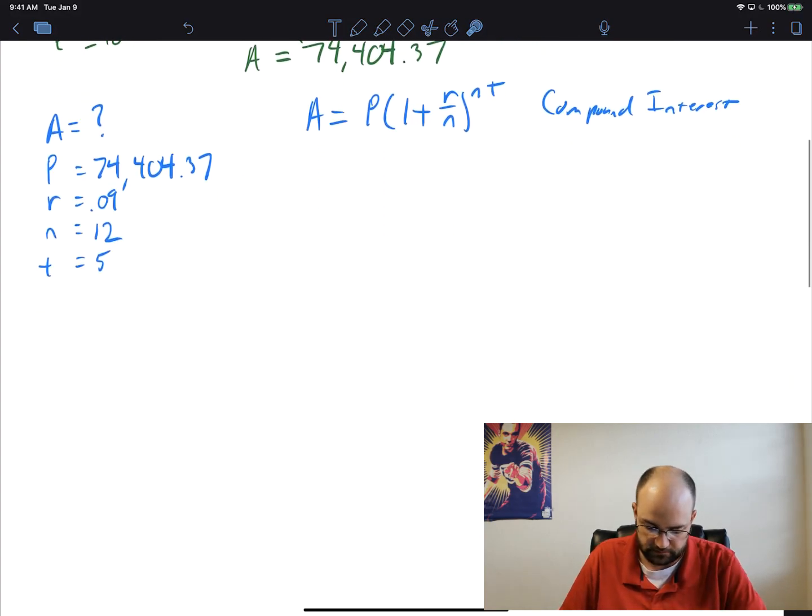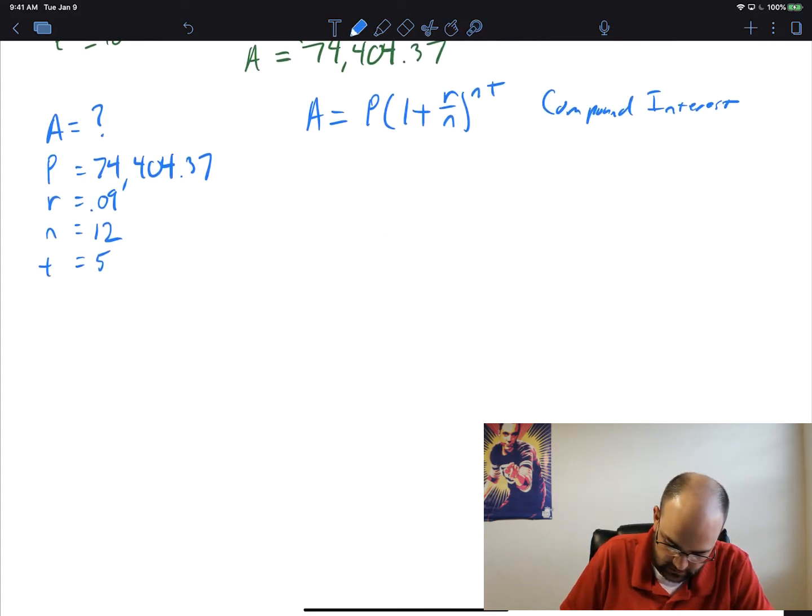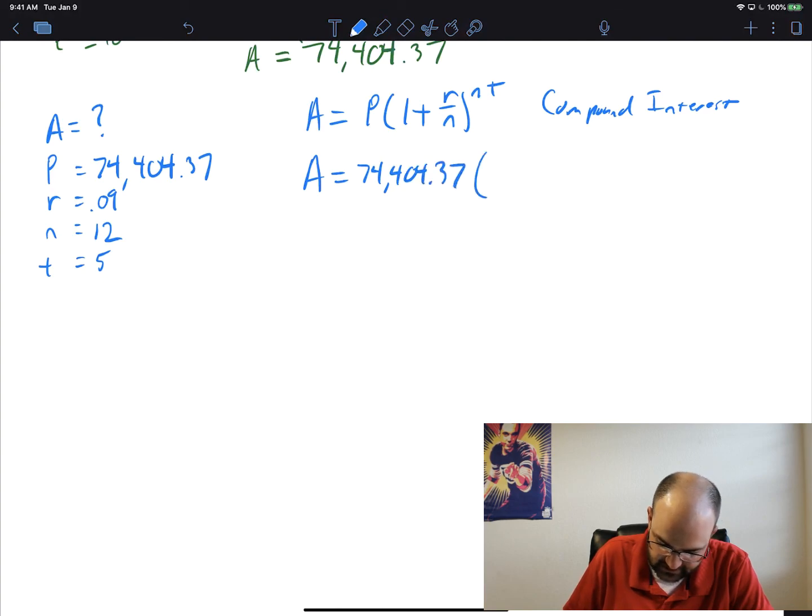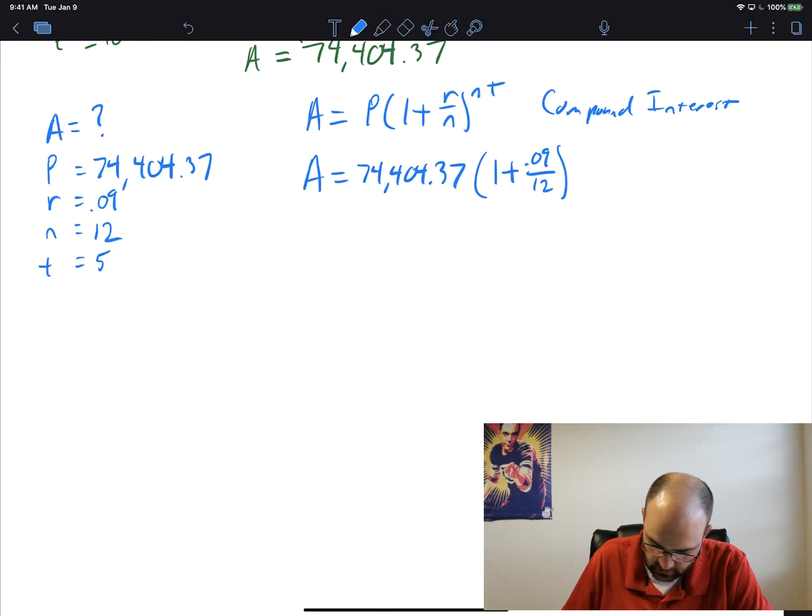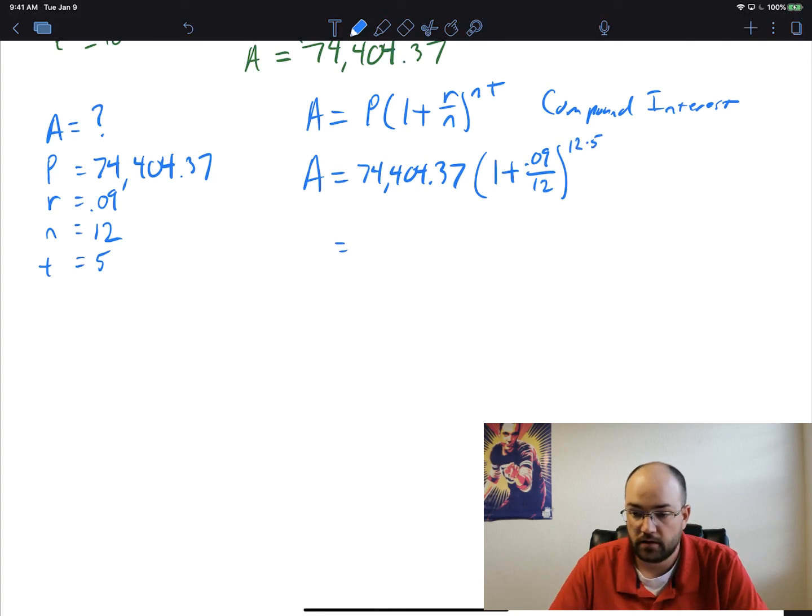So the first one, plugging everything in, P is the $74,404.37, and then times the 1 plus r of 0.09 over 12, all to the 12 times 5. Awesome.